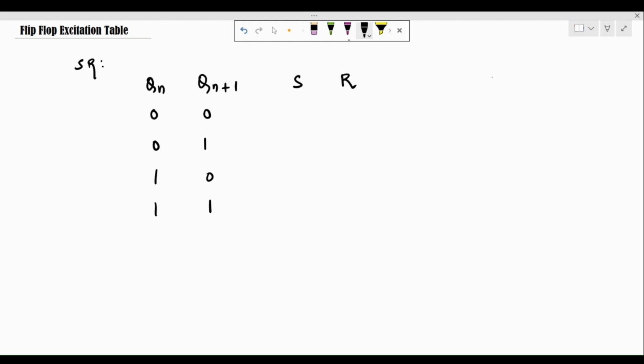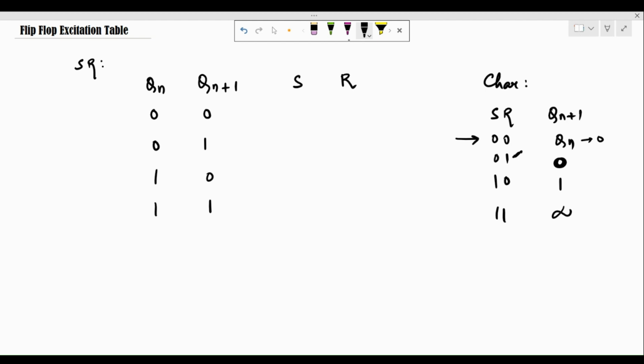After all, let's write out the characteristic table of the SR flip flop. So this is the characteristic table: Qn, reset, set. For 1 1 it is indeterminate. We see that Qn plus 1 could be 0 when the reset input is high, or Qn plus 1 could be 0 in case I had the 0 0 inputs occurring at the flip flop and the previous state was also 0, which is the case over here.